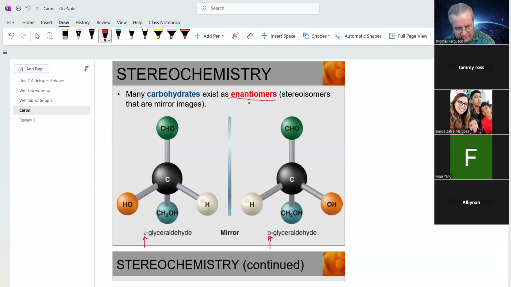Unfortunately, one of them was anti-nausea, and the other form caused major birth defects. It's such a tragedy. These children were born without arms or legs. It had to do with this D and L form. The drug manufacturer did not purify it beyond a certain point that distinguished between the D and L forms. Really a tragic, tragic occurrence, and it all had to do with stereoisomers.